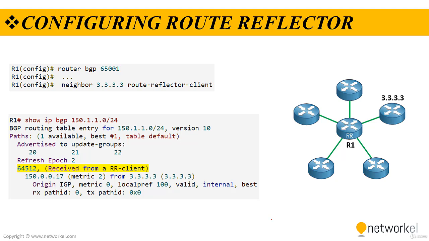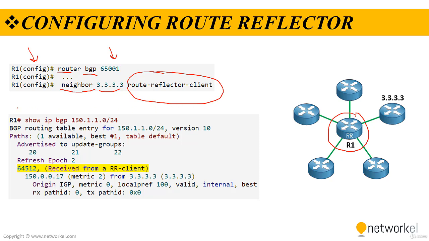So let's check the configuration for the route reflector. Here you can see we have one route reflector, and that is router 1. When we're trying to configure the route reflector, we just type router bgp and the AS number. Then we define the neighbor, 3.3.3.3, and we just type route-reflector-client. The configuration is really pretty straightforward.